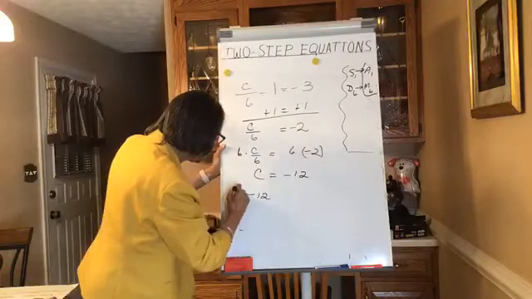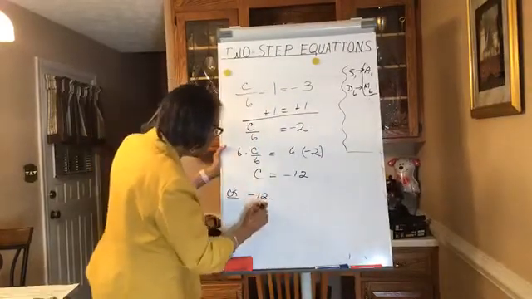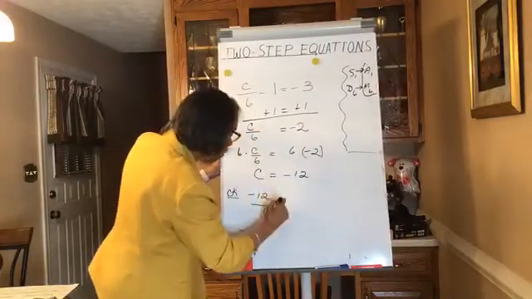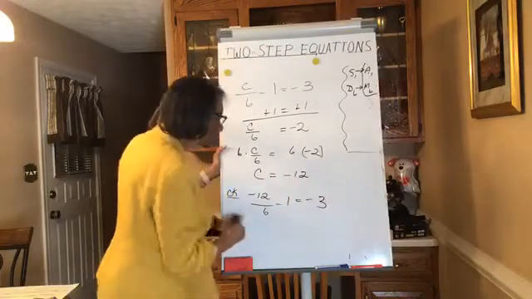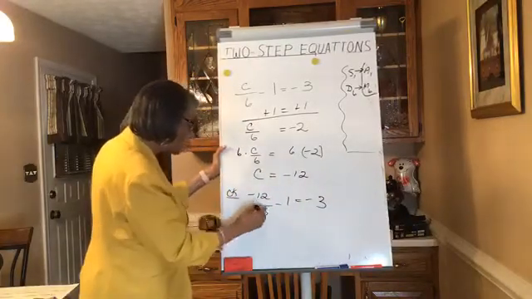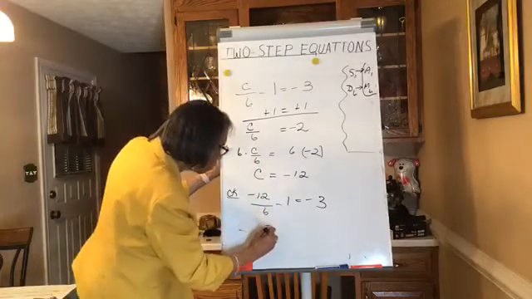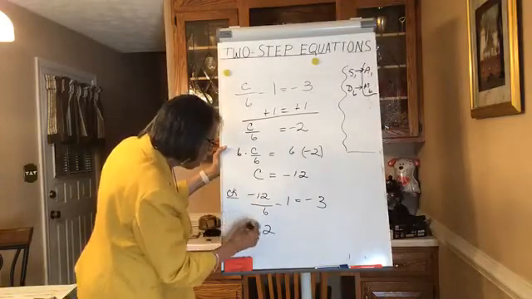This is the checking. In place of C, I'm writing -12 divided by 6 minus 1 equals -3. All right, -12 divided by 6 is -2. It's negative because these are opposites.